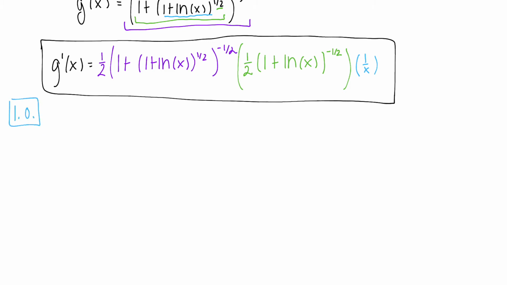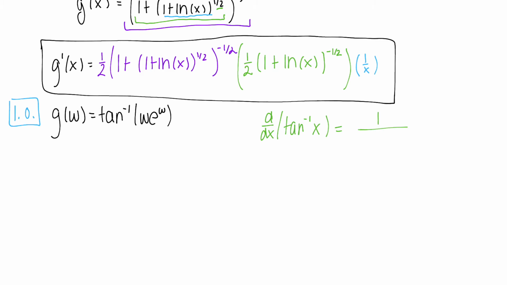This is a 1-0. We are very nearly done with these derivatives. So we have tan inverse of w e to the w. With tan inverse, the derivative of tan inverse of x was 1 over 1 plus x squared.